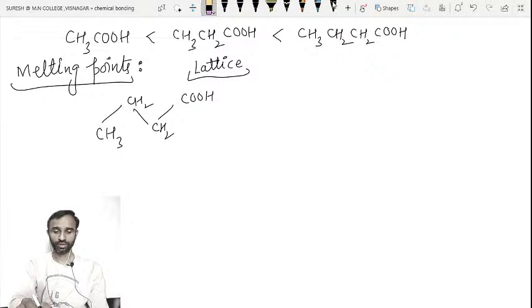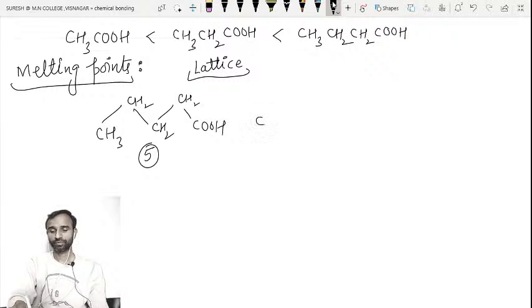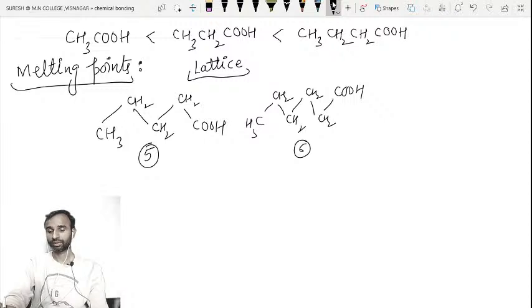So see, if we have, say, a chain of 1, 2, 3, 4, 5, so 5 carbon atoms, then 1, 2, 3, 4, 5, 6, then 1, 2, 3, 4, 5, 6, and 7.